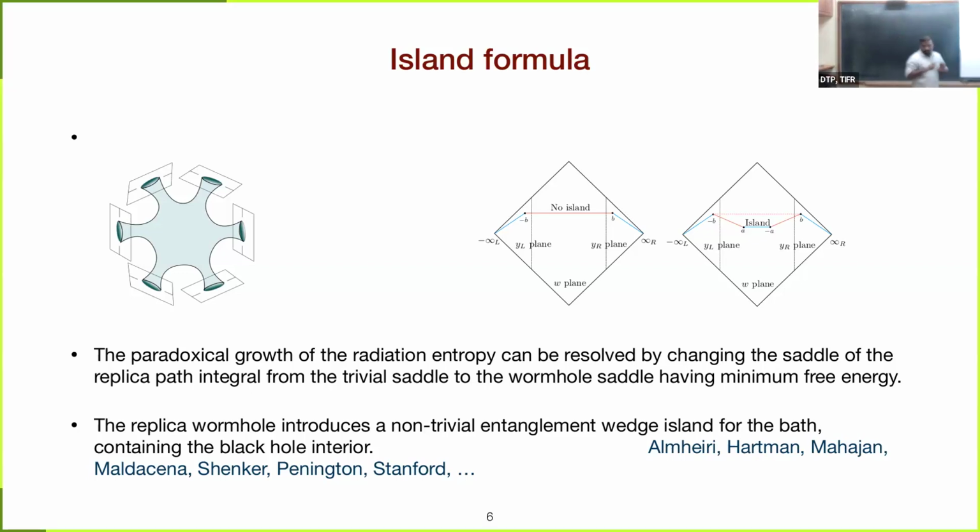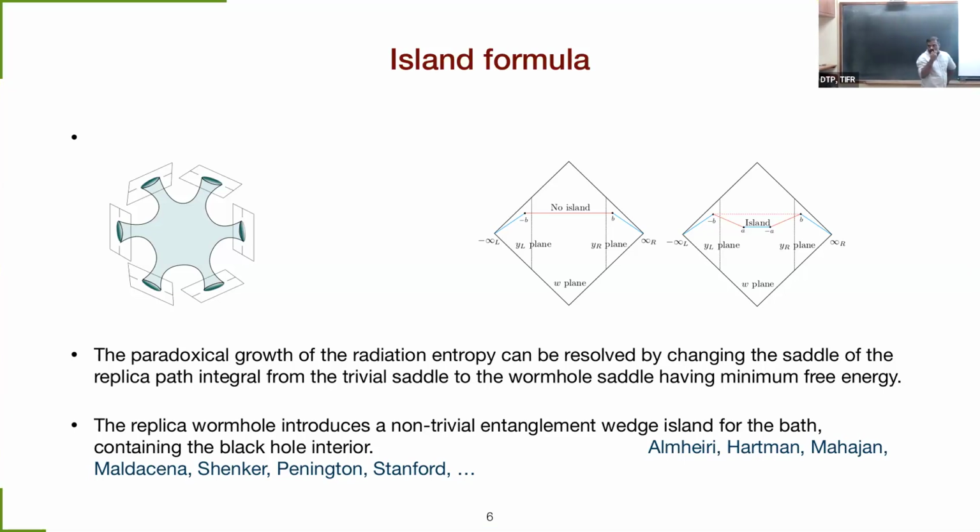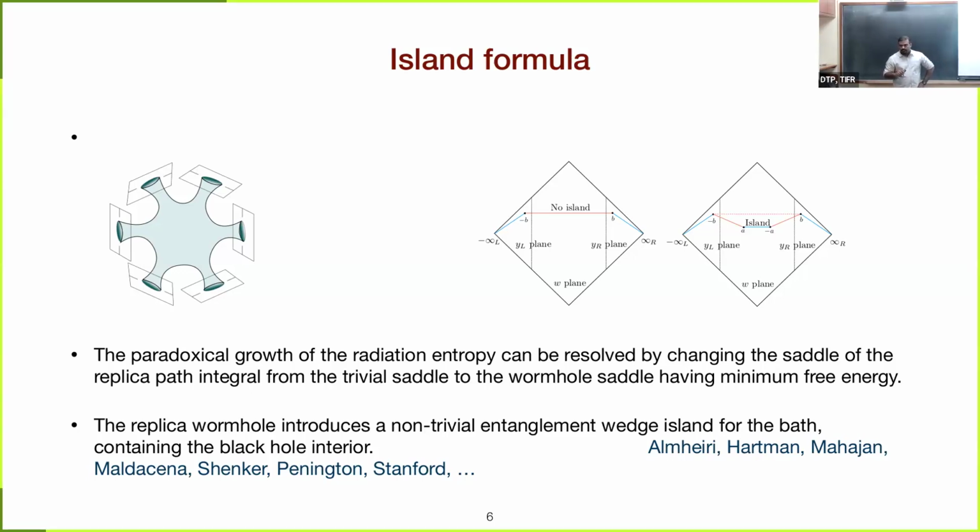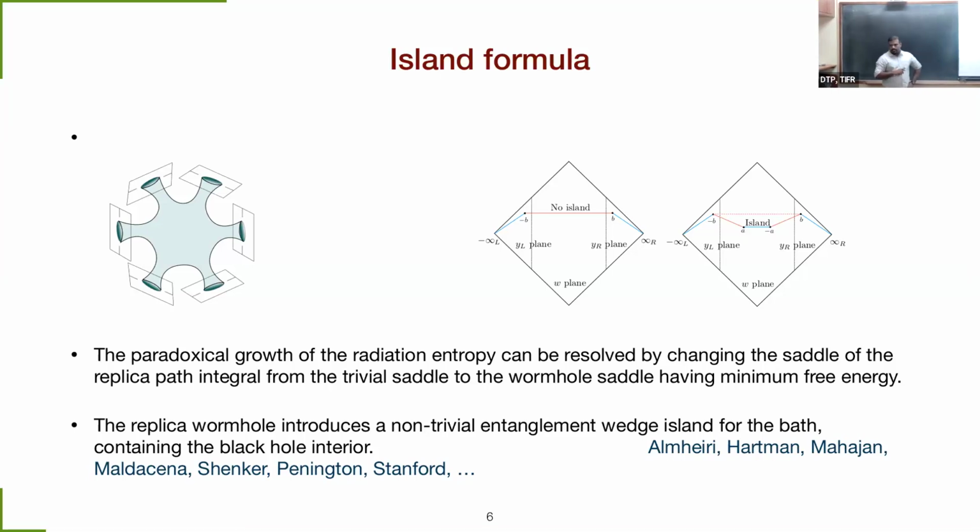That is the trivial saddle or the Hawking saddle, and you can allow the gravitational region to connect to each other. Since you are looking at the semi-classical limit, make sure that this geometry is a solution to Einstein's equation with no conical singularities or any sort of smoothness issues. Once you have that, you take this to be the leading contribution, provided you compute the free energy of this geometry and compare with the trivial saddle and make sure that this free energy is less than the free energy of the trivial saddle.